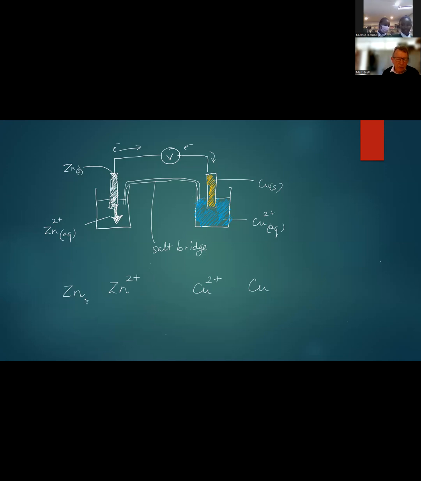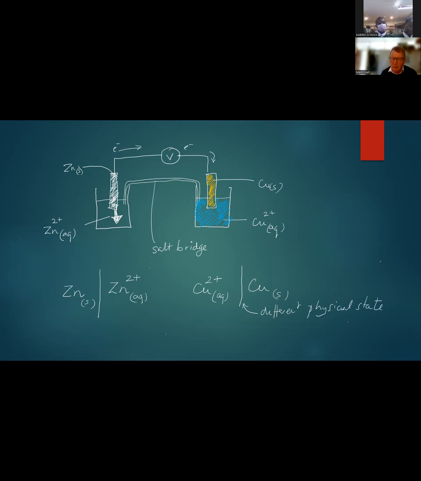Now, what we do is we do this. We say, okay, the zinc as a solid is a different physical state from Zn2+. So I draw a straight line there, and I draw a straight line here. This means different physical state.